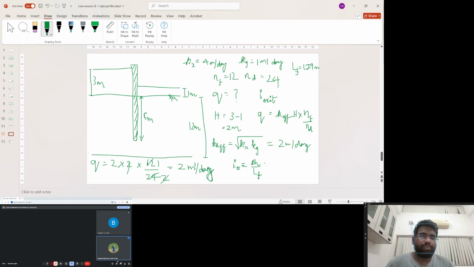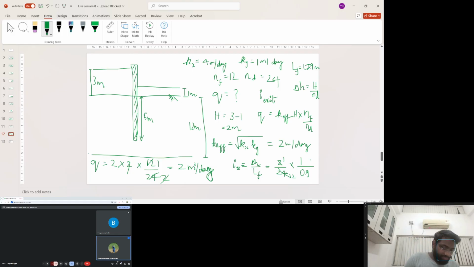And for computing delta H, we need to calculate capital H divided by ND. So H is 2 meters, ND is 24 into 1 by 0.9. So this will be 1 by 12.